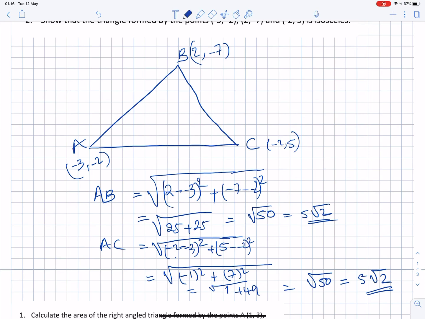So I can see AB and AC are equal. I don't need to work out what BC is.